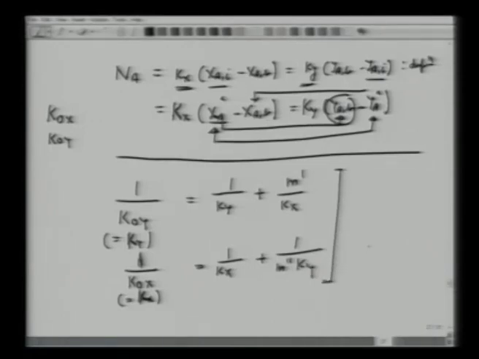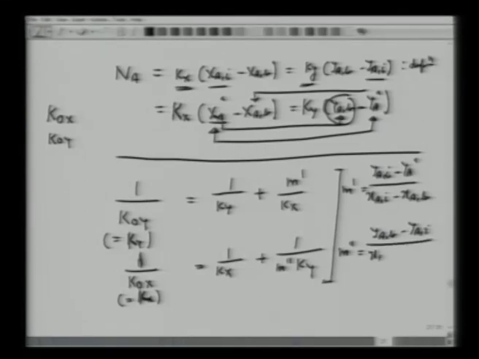where M prime is given as (YAI minus YA star) over (XAI minus XAB). Similarly, M double prime equals (YAB minus YAI) over (XA star minus XAI).